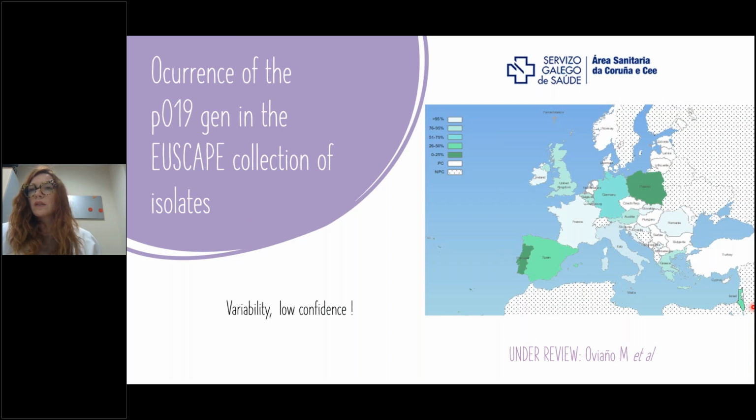And we realized that there were huge differences among countries, because in Italy the rates were almost 90 to 100%, but for example in Portugal or Poland, almost none of the KPC producers have these mass peaks related to the beta-lactamase gene.